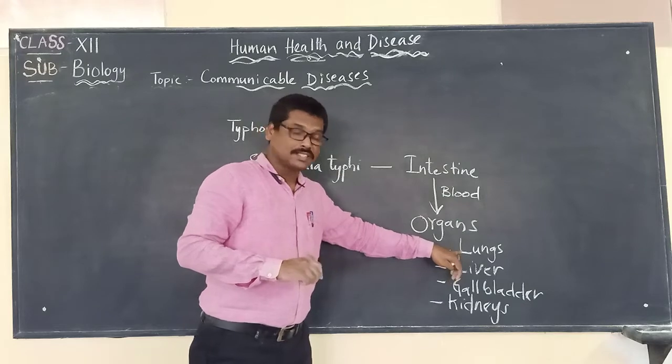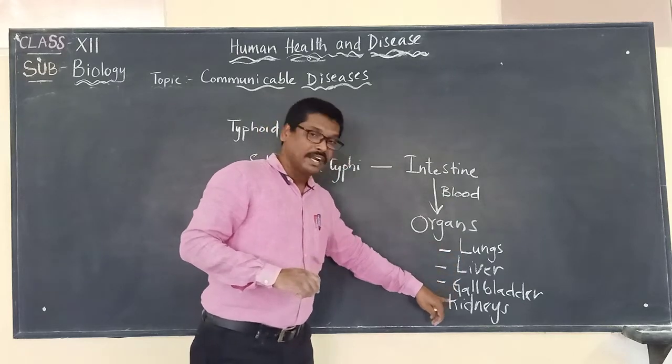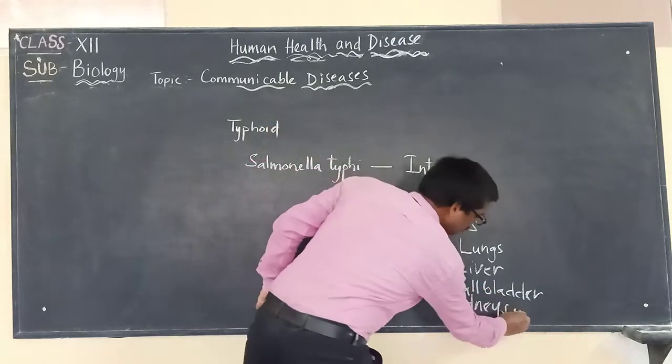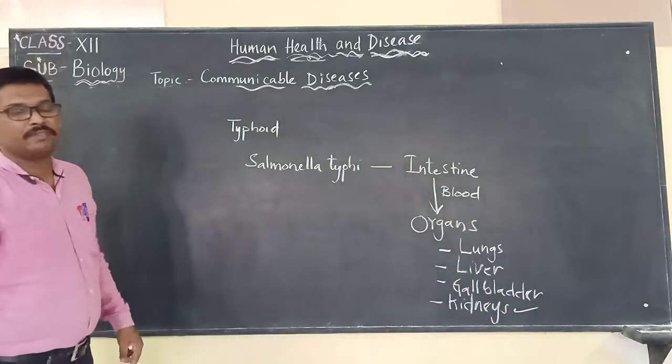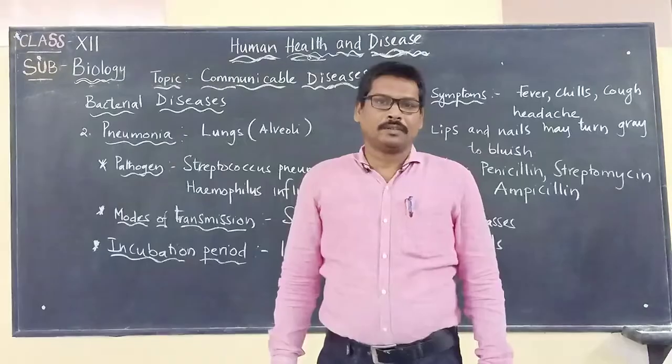Those organs are the lungs, liver, gallbladder and kidneys. These are all that we should keep in mind when we talk about typhoid.